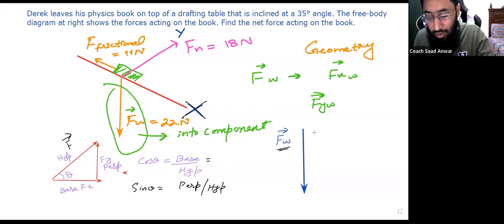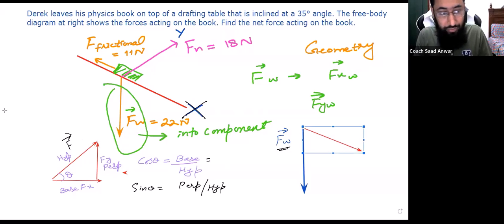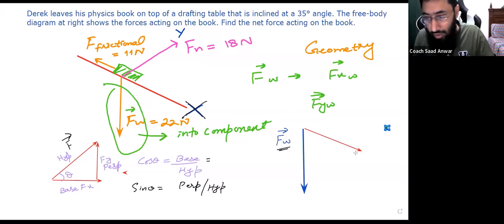This is the component of this force along the x-axis. And this is the y-axis, so the component of the force along the y-axis would be this.